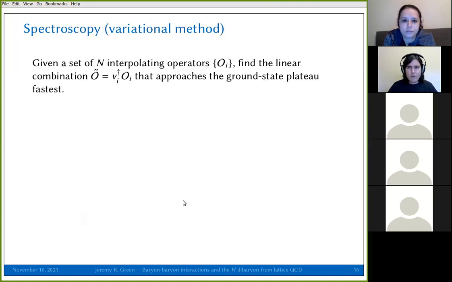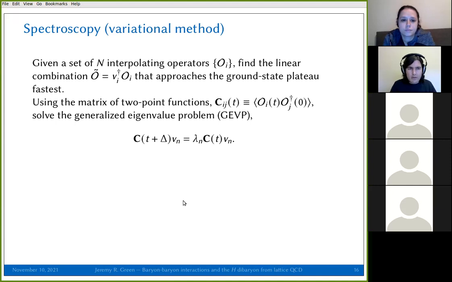So one thing we can do is improve the spectroscopy. And ideally, you can isolate the ground state earlier before you hit the noise problem. So a natural thing is to set up a variational system where, rather than one interpolating operator, you have some set of n operators, and you want to find a linear combination that gives you the ground state the fastest. It turns out the way to do this is to construct a matrix of 2-point functions.